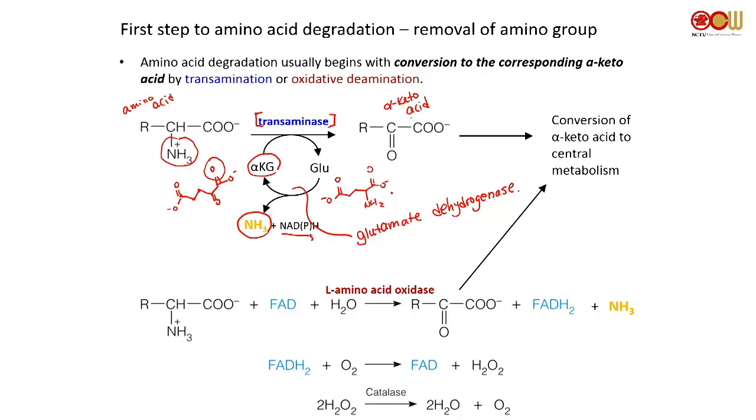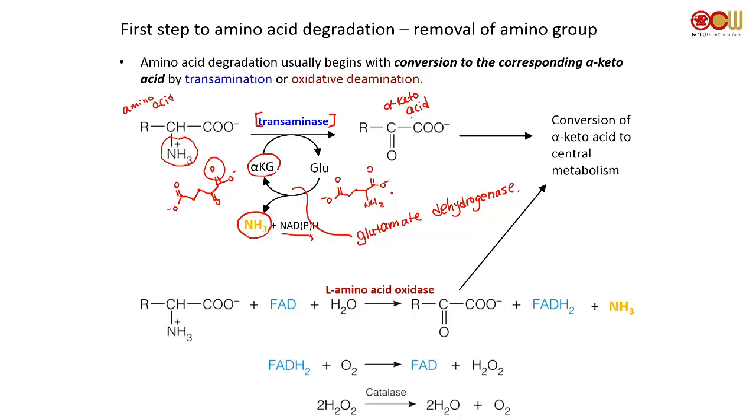Now, if you take a look at this carbon versus this carbon, this carbon right here has a hydrogen on it, whereas this carbon does not. That makes this guy more reduced. So you're going from a more reduced to a more oxidized state, so you have to do an oxidation on this guy.